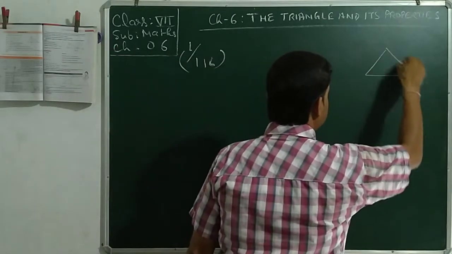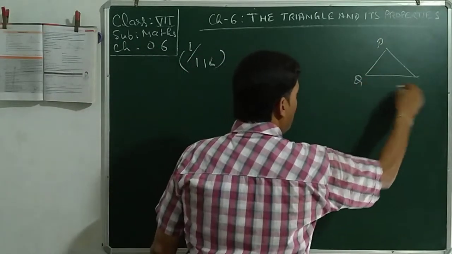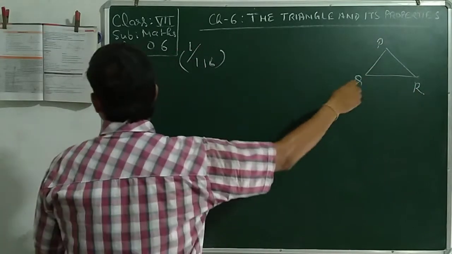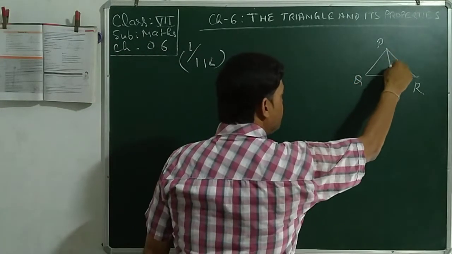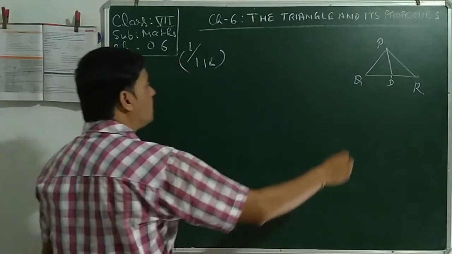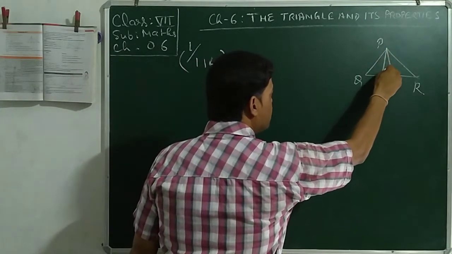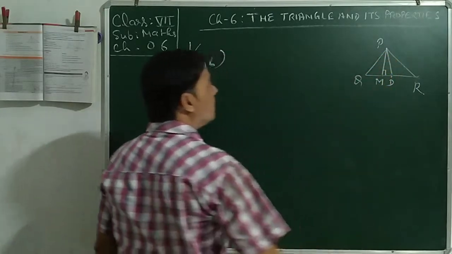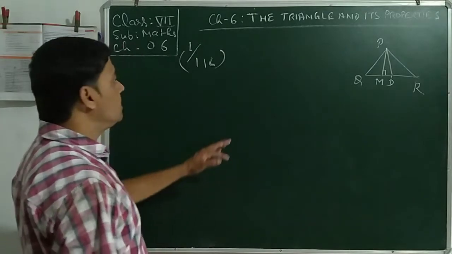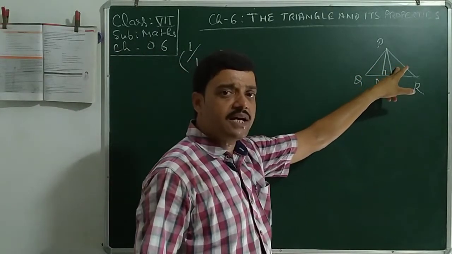The figure looks like this, and the triangle is PQR. D is taken as the midpoint. PD is drawn, and M is the perpendicular from this vertex, PM. This became the altitude and this became the median of the triangle, as I had explained to you.